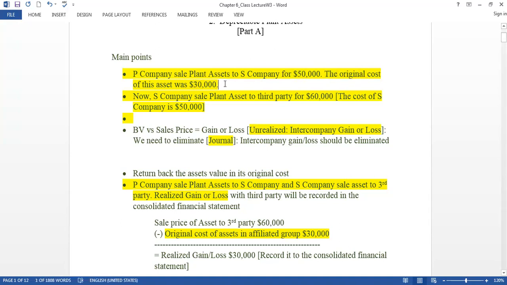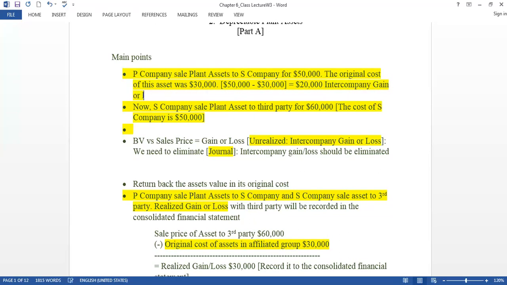So the sales price of $50,000 minus the original cost of $30,000 is $20,000. It is intercompany gain or loss, right? And it is unrealized.